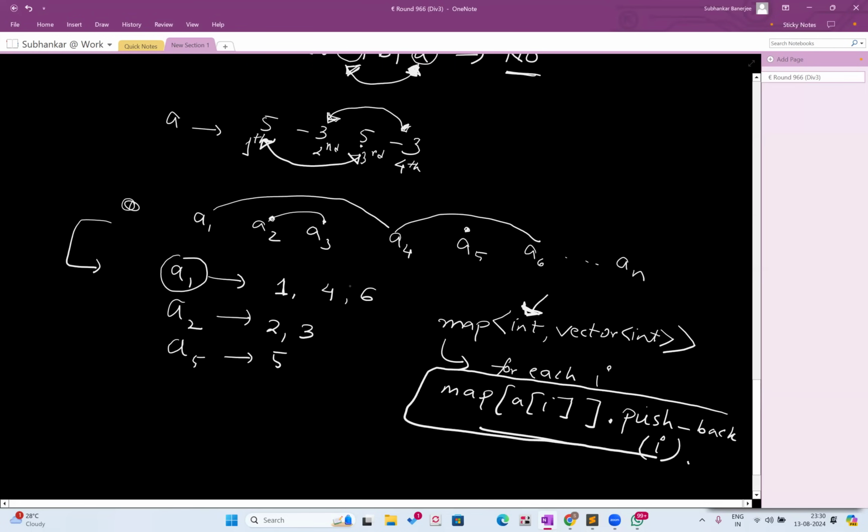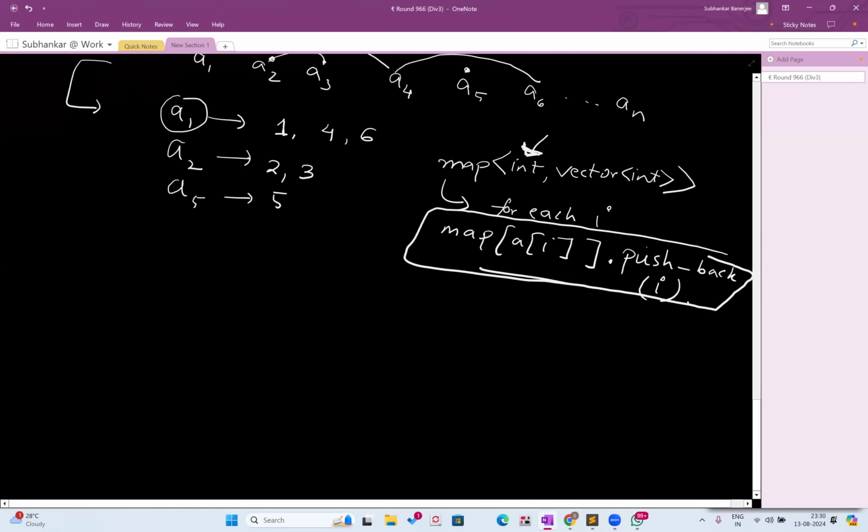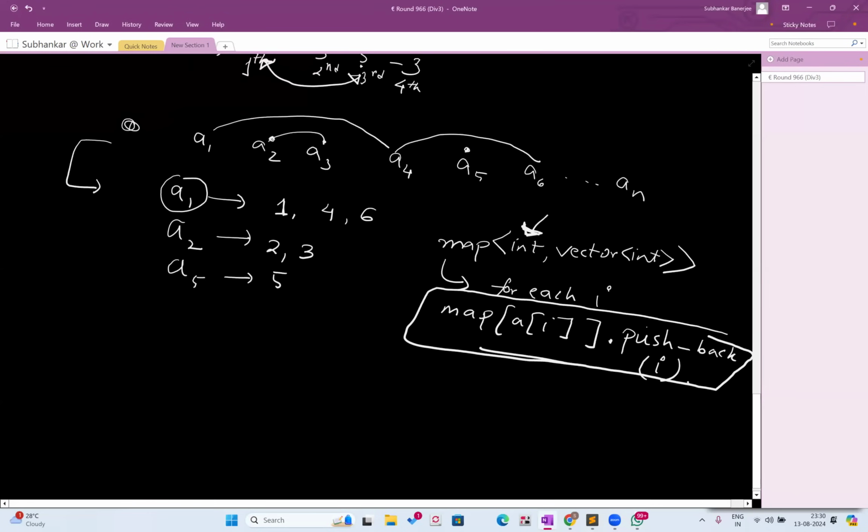Wherever the A[i] value is occurring, all the indexes will be stored in this map of vectors. So basically we have these indexes stored like this. This will be the vector for A2 and A3.